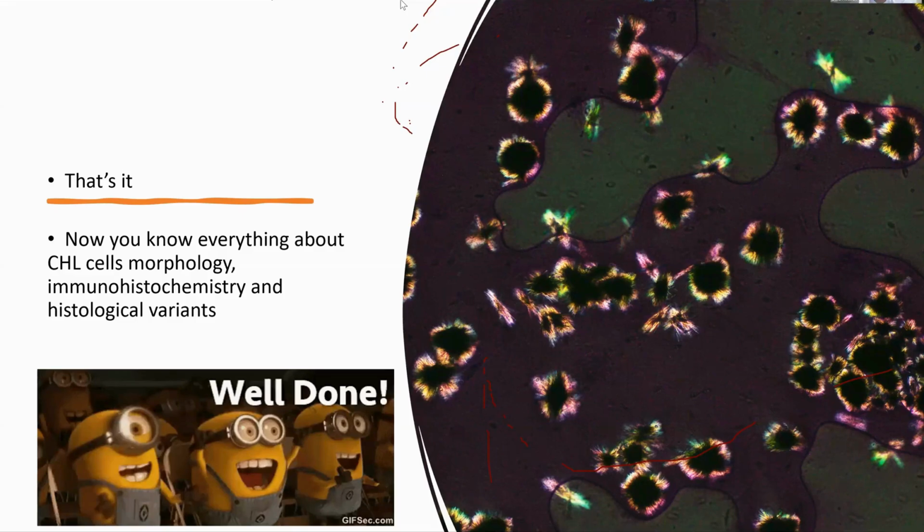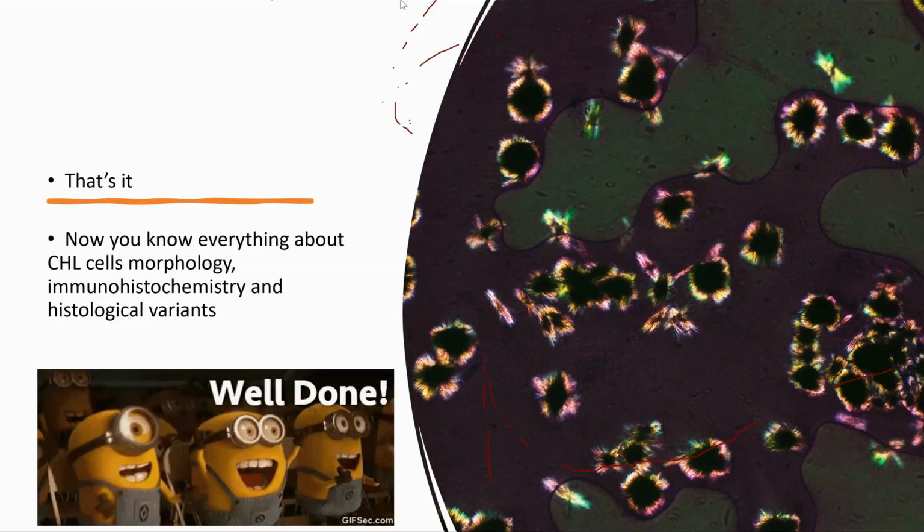Yeah. So CD30 is a must. It has to be positive. But for CD15, at least a proportion of the classic Hodgkin lymphoma should be positive for it. And there is a mention of a CD15 negative classic Hodgkin lymphoma, but this is a very rare occurrence, and you have to exclude all other entities before making such a diagnosis.